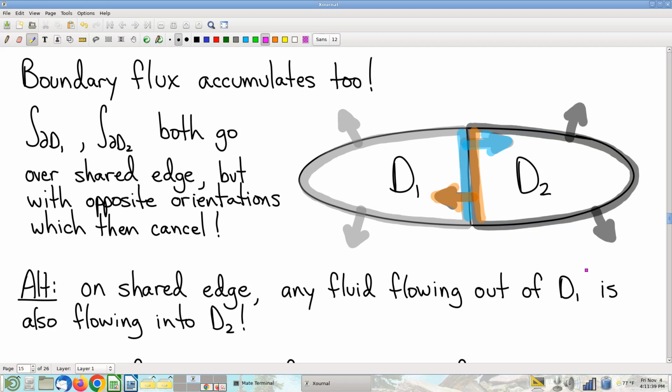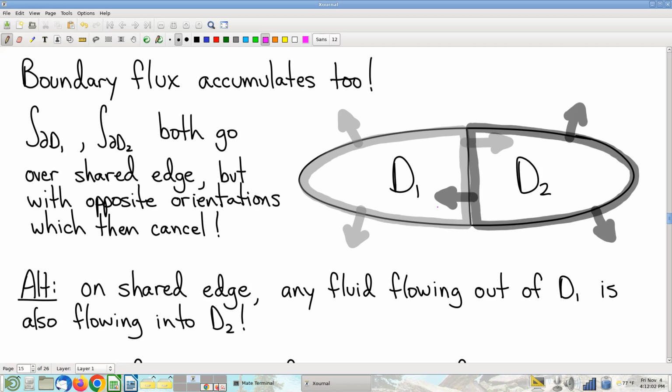But you have to keep in mind, these two pieces of outward oriented boundary flux are on the same curve with opposite orientations, and they cancel. So there is no difference between the whole and the sum of the parts.